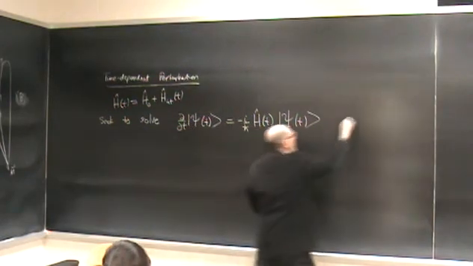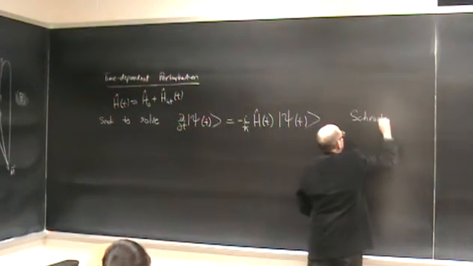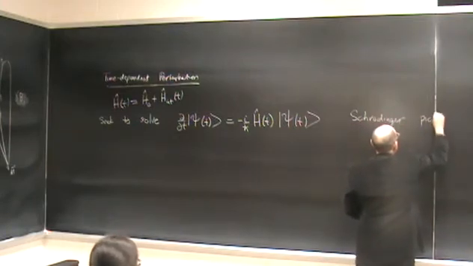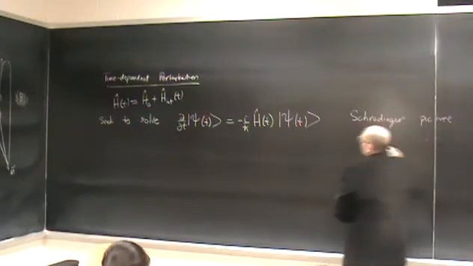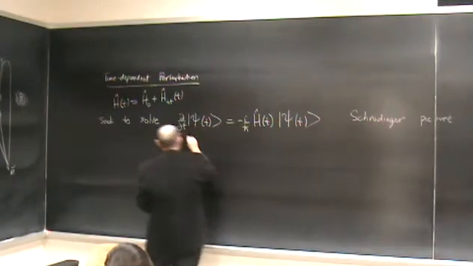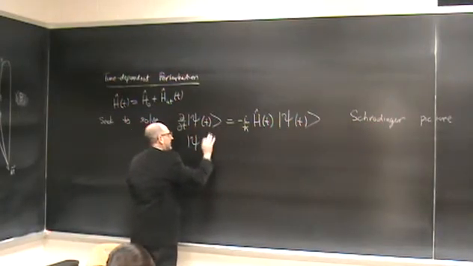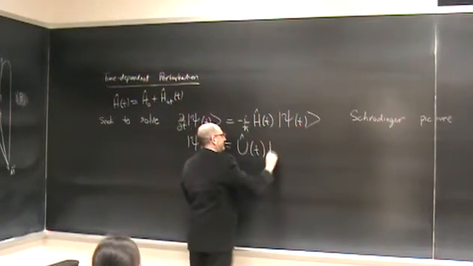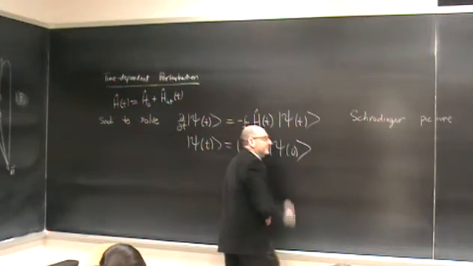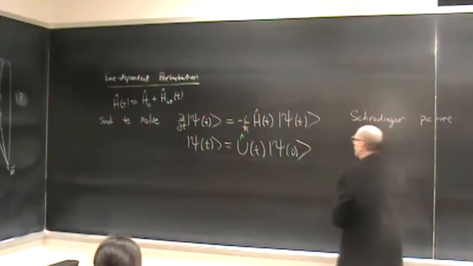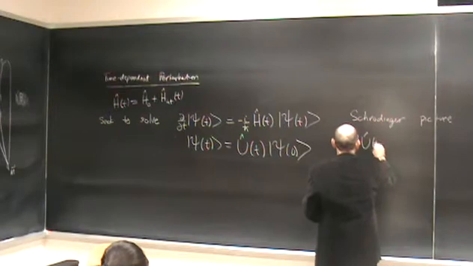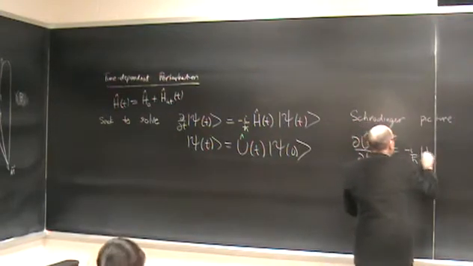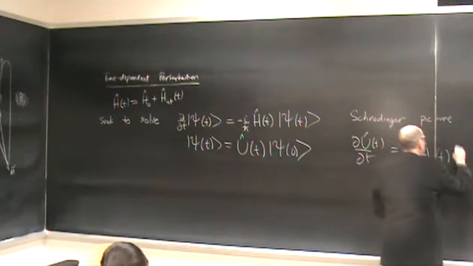This is in the Schrodinger picture. Of course, it's equivalent to saying this, right, where the time evolution operator U is generated infinitesimally by the Hamiltonian.